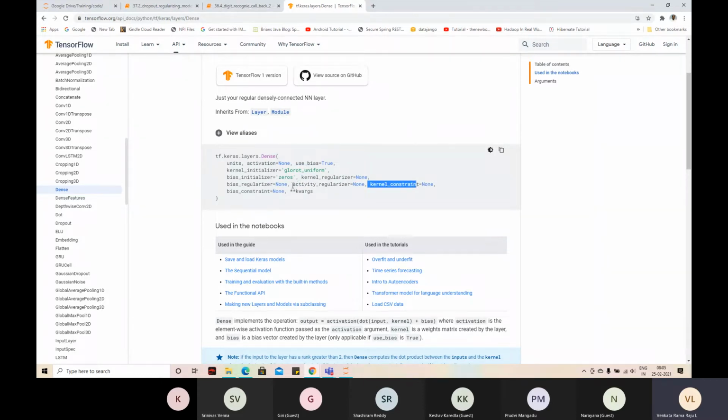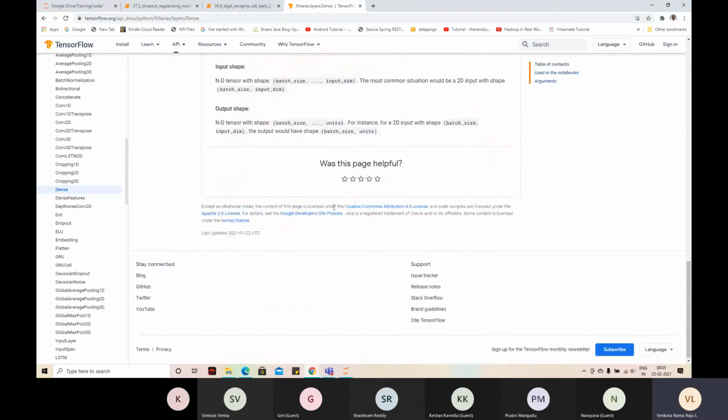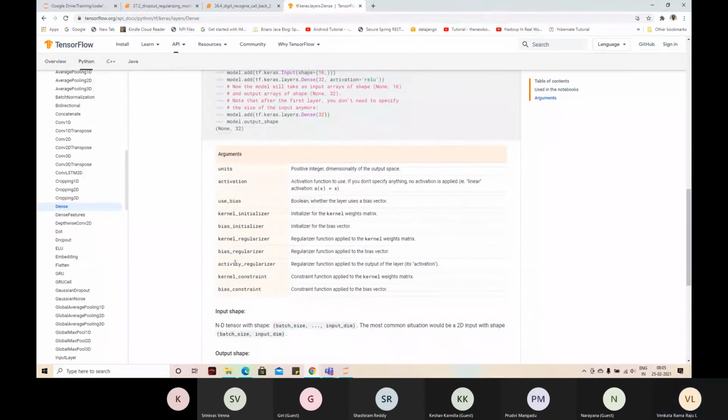There is an activation regularizer also. I don't know what this activation regularizer is, let me see. So activation regularization is a function applied to the output of the layer. Kernel constraint is a function applied to the kernel weight matrix.